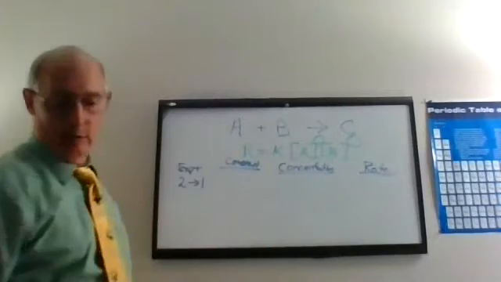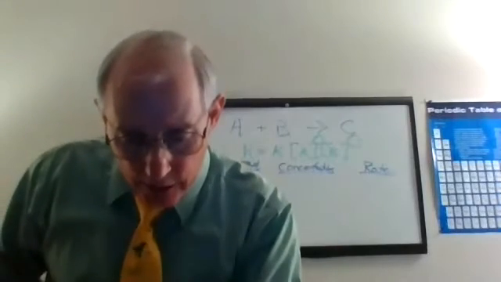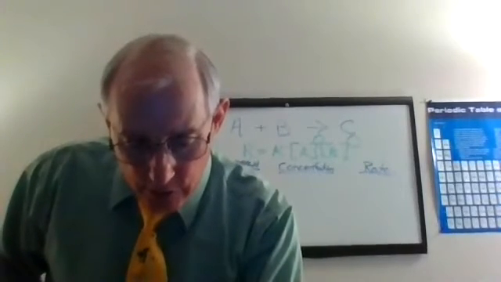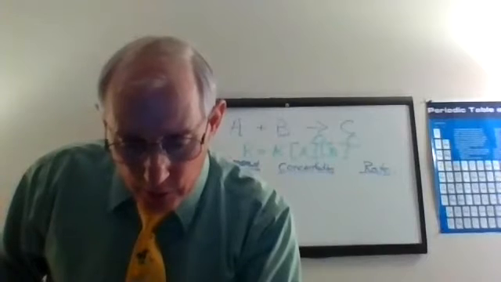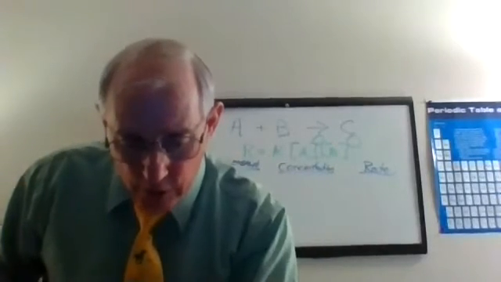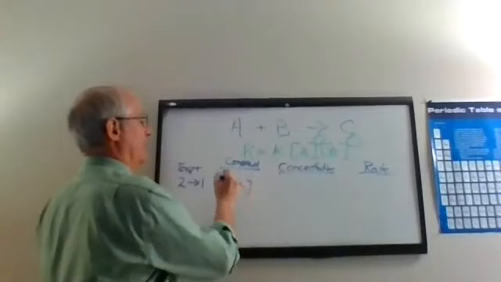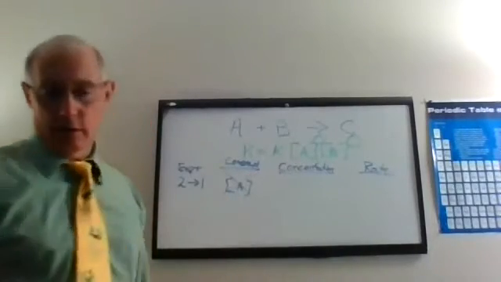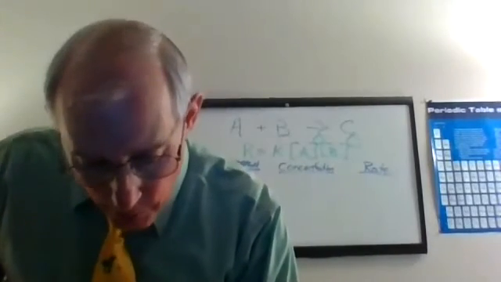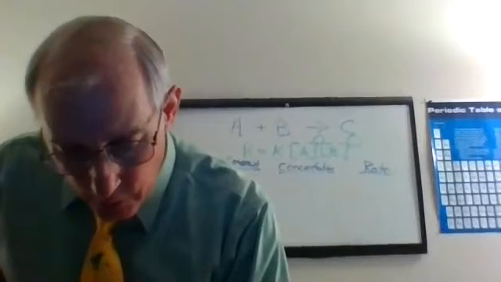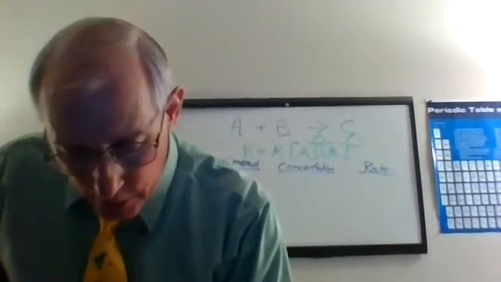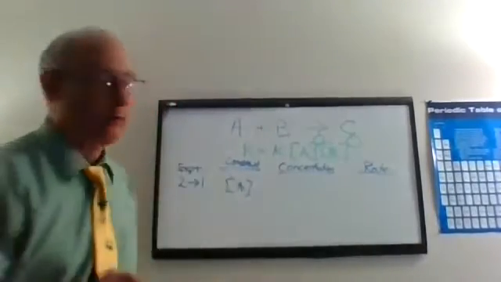Okay, what reactant is being held constant between experiment 2 and experiment 1? 1.2 versus 1.2, A is constant. So we're not even going to look at A on this particular evaluation. What happens from experiment 2 to experiment 1 to B? The molarity goes from 1.2 to 2.4, so it doubles.